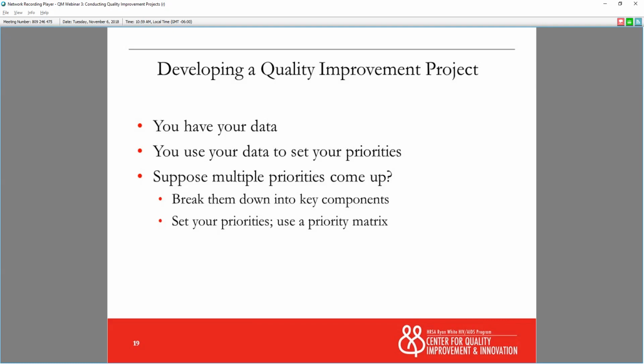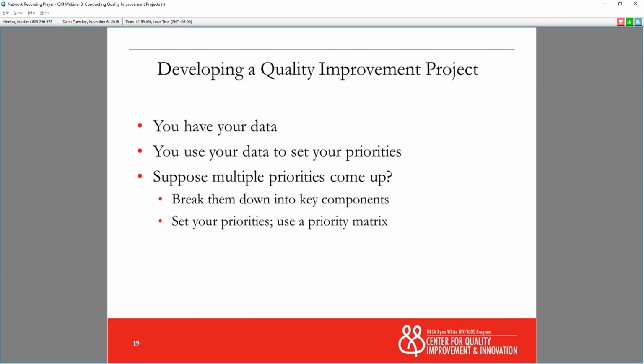So if I were going to take that example of the ER, and I'm going to start looking into it, I can pretty much guarantee that there's not just one thing that is keeping the patient there for 10 and a half hours. There's probably multiple things. So I then need to figure out what are the multiple things, and then I need to prioritize what I want to fix first.